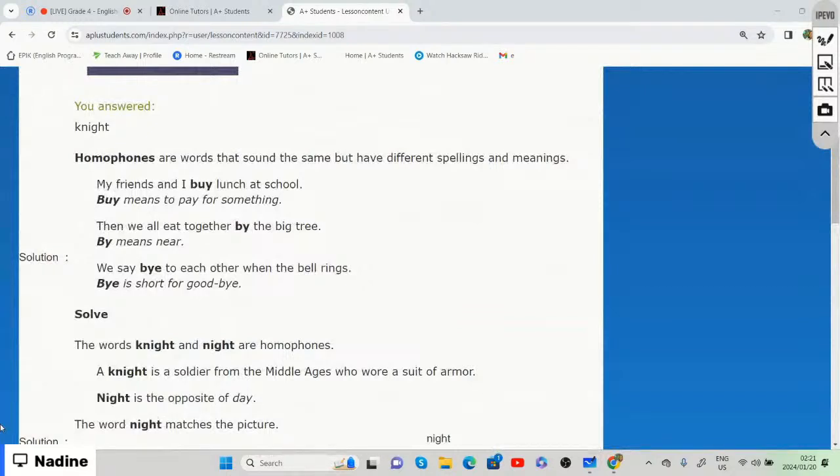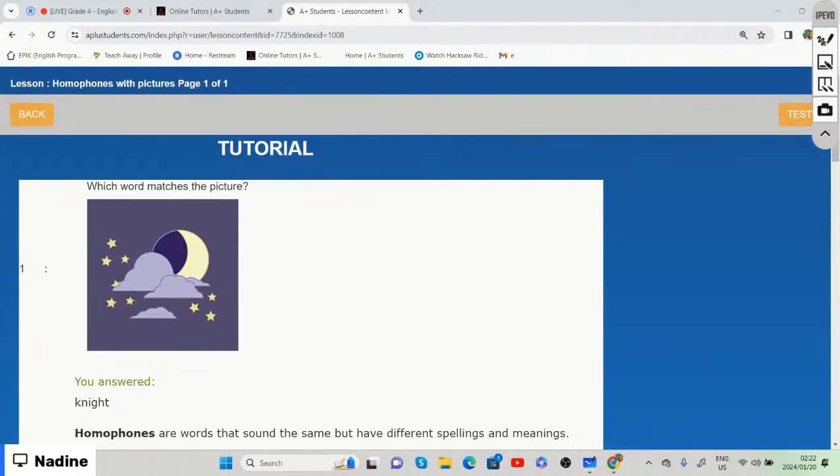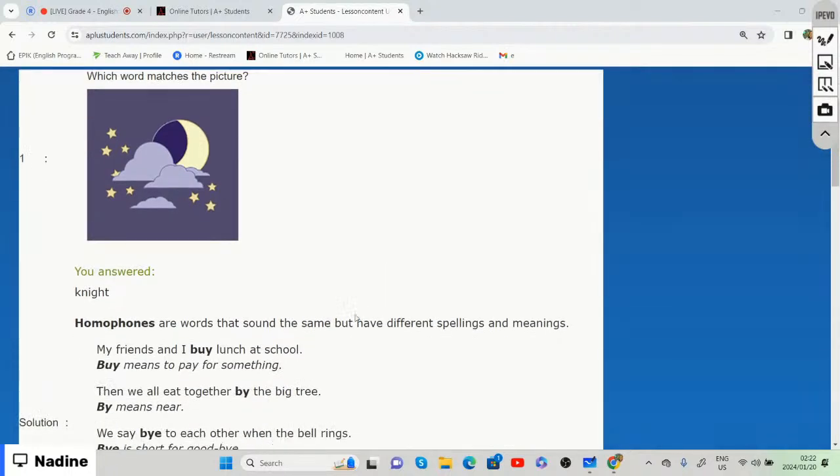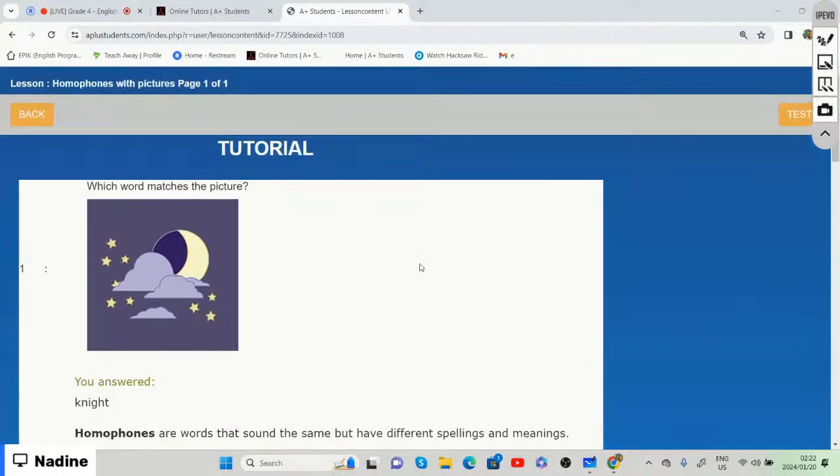And also when it comes to homophones, sometimes the words are different, but the pictures can sometimes be the same, or the context in which it is used is the same. All right, let's go to our test.